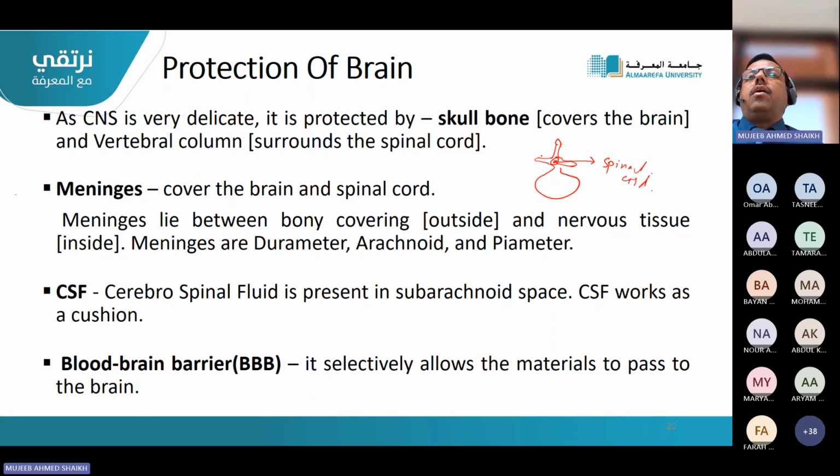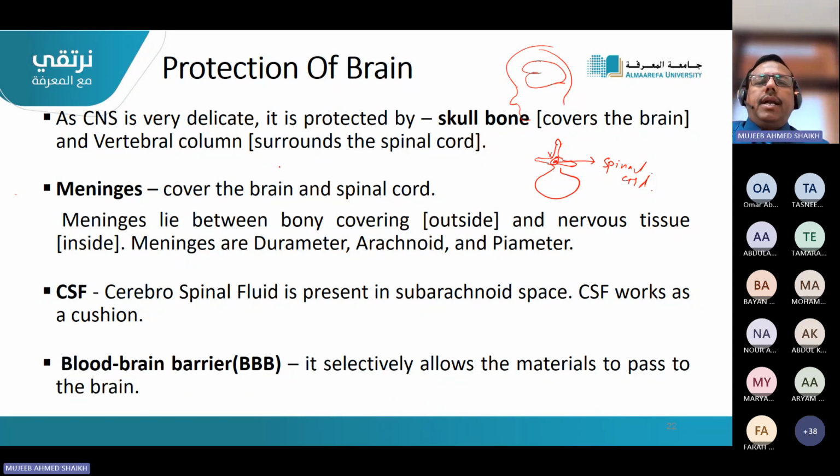So it is surrounded by the bones. Whereas around the brain also you will have a very hard structure, which is the skull bone. So the brain is protected under the skull bone, as well as the spinal cord is protected in the bony structure, which is called the central canal of the spinal cord.